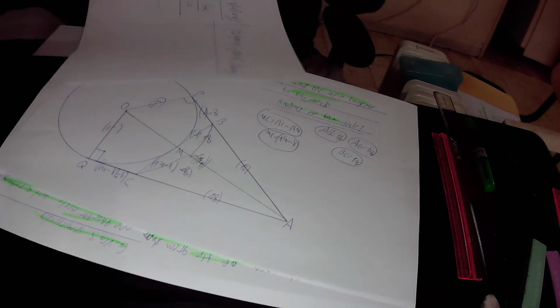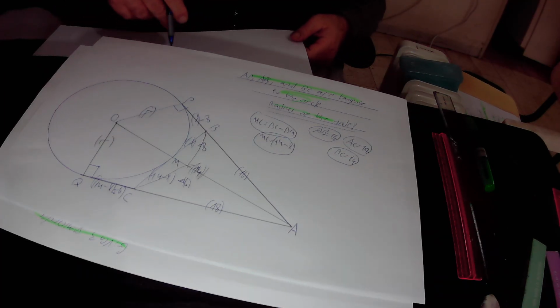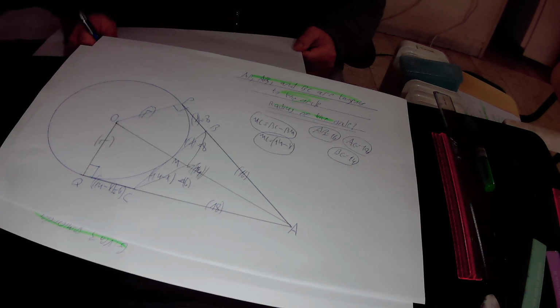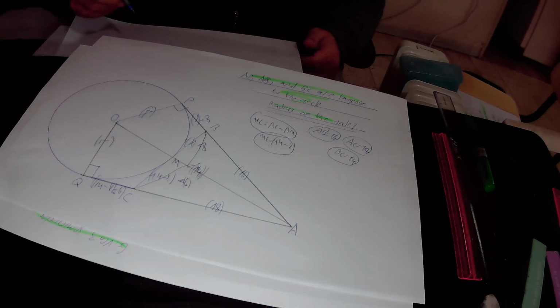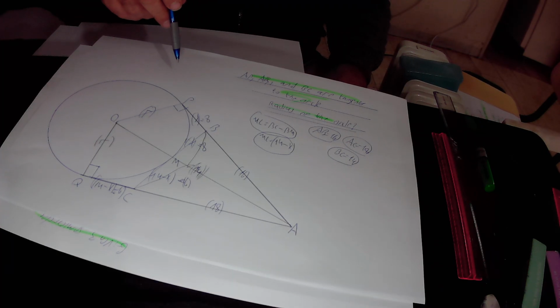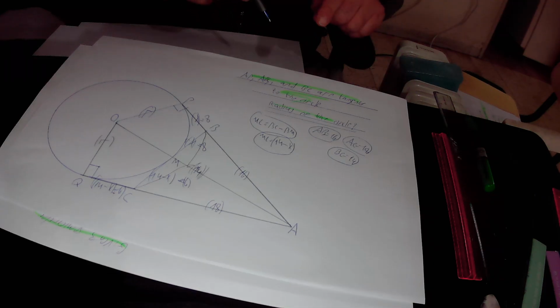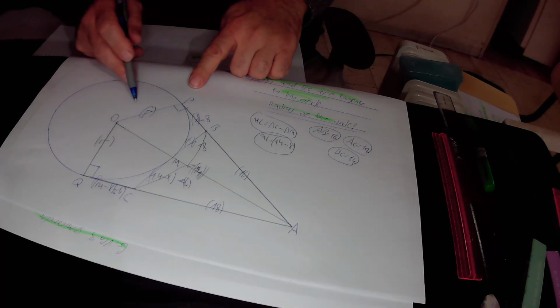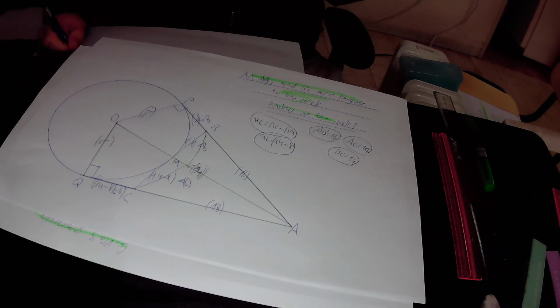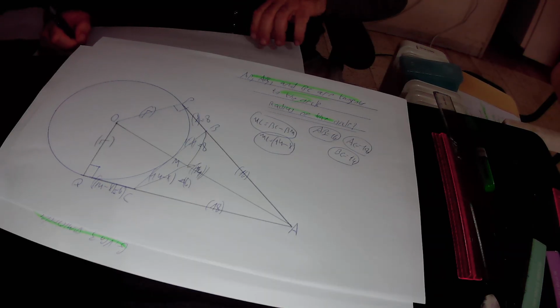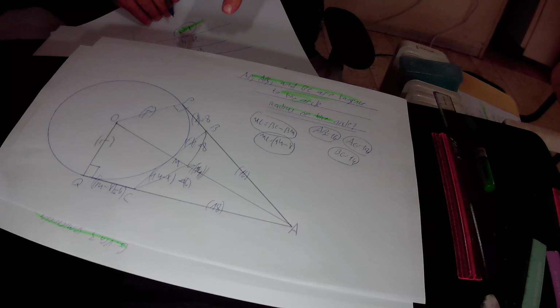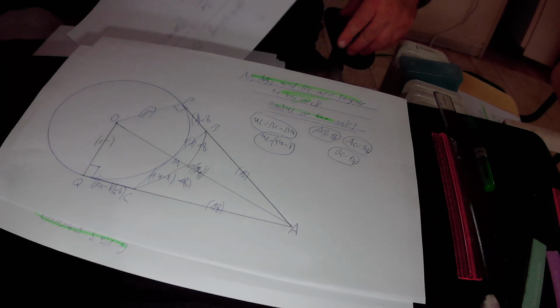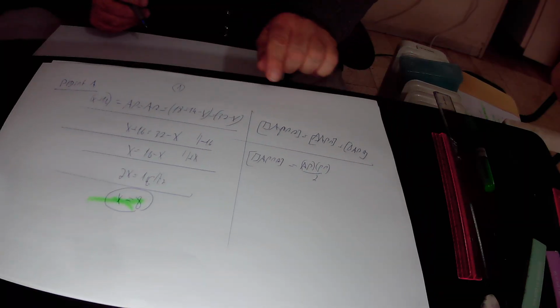So the area of the big quadrangle APOQ is equal to the area of the upper right triangle APO.